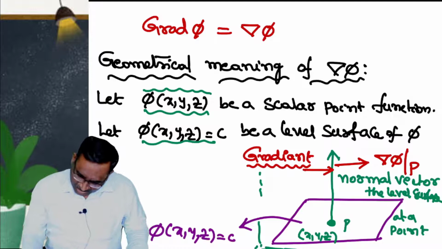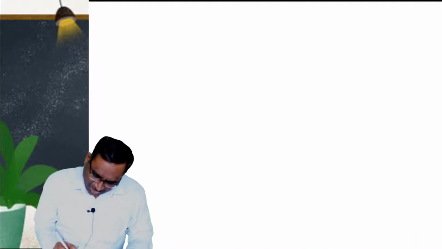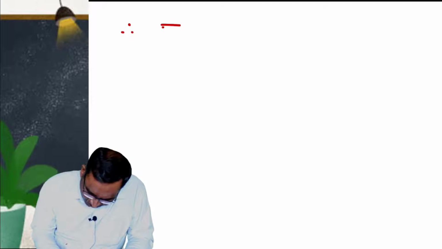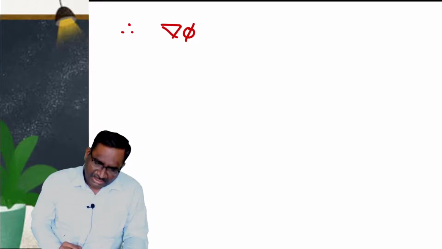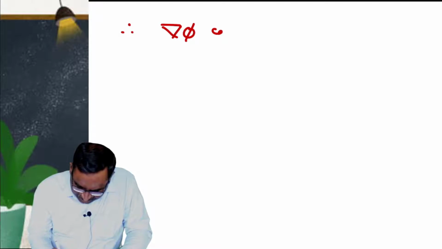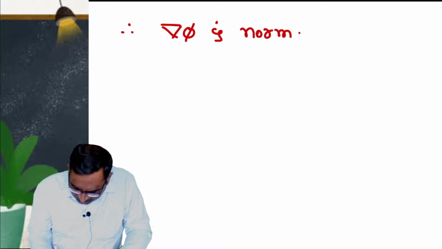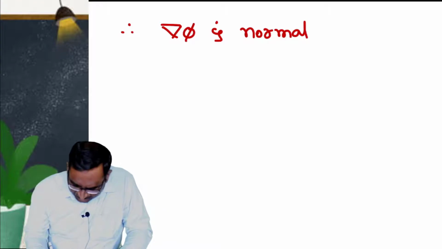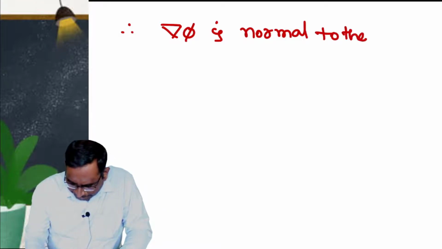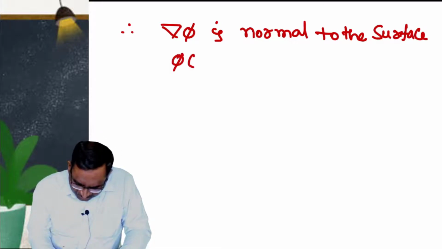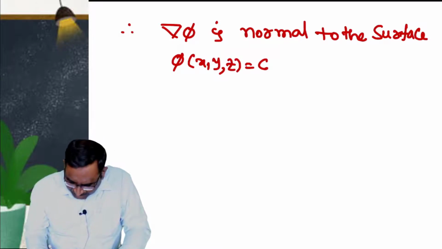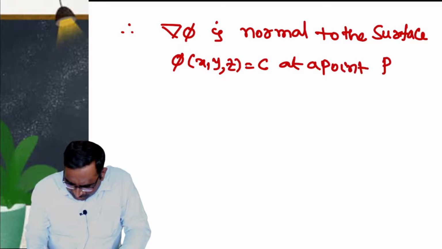Therefore, what is meant by del phi? Del phi is normal to the surface phi of x, y, z equal to C at a point P of x, y, z.